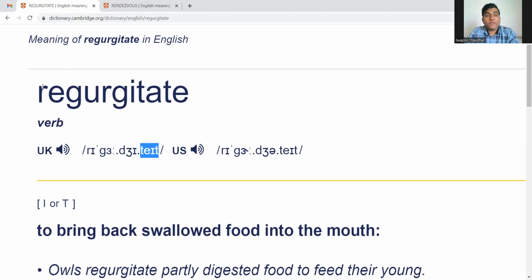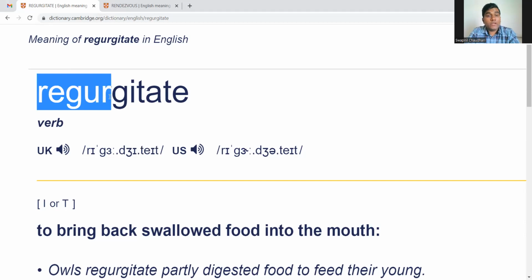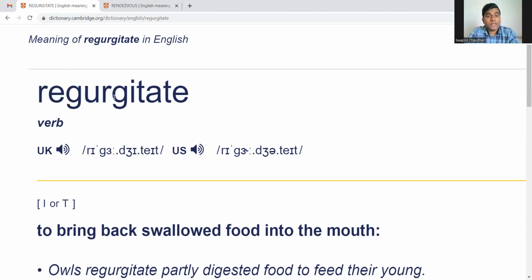If I have to read it now, I'm going to read it like re, and then gur is separate, and then tate. Regurgitate. So this period sign helped me understand where the pronunciation is breaking down.